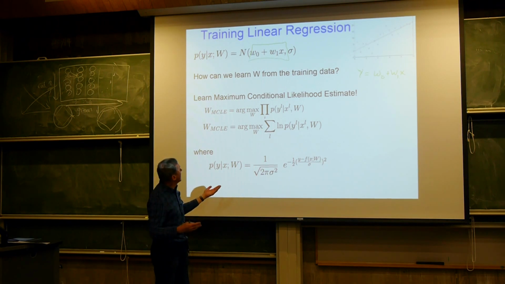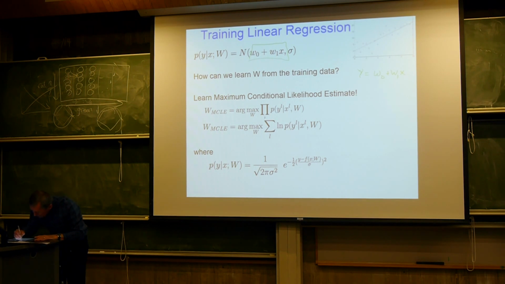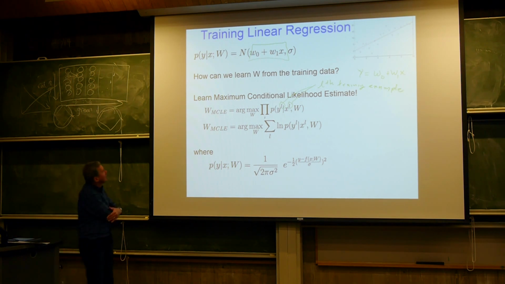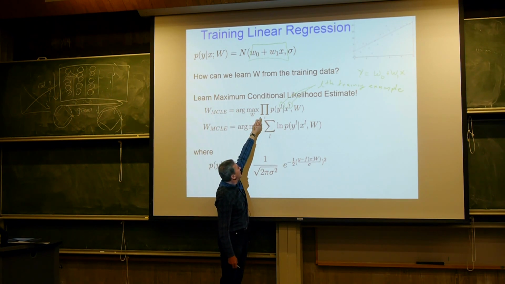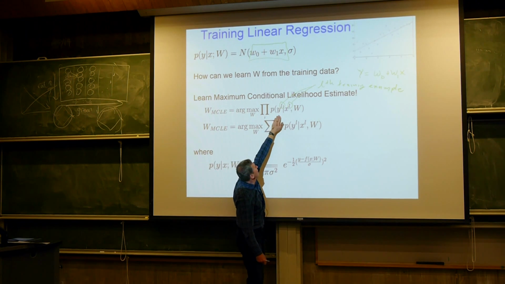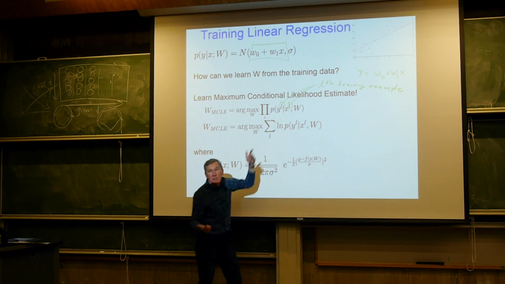If I'm given a set of training examples, where I use L here to refer to the Lth training example, that's what that superscript means, then the formula for the conditional likelihood is simply the product over all my training examples of the probability of that observed y value on the Lth training example given the x that I observe, and whatever weights W I have.